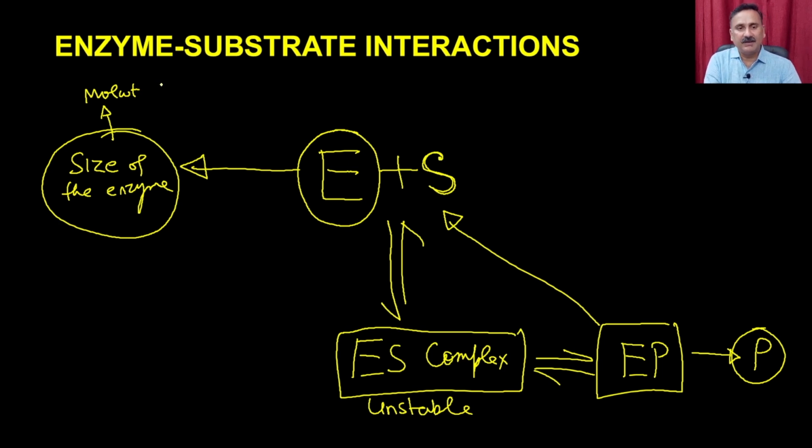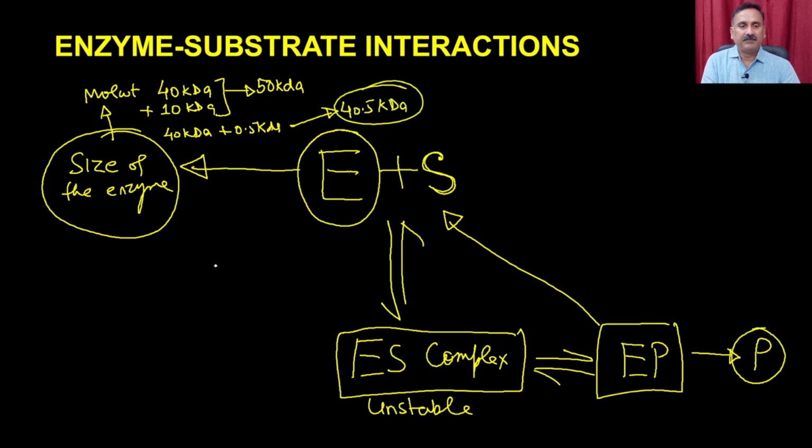For example, if an enzyme is 40 kDa and it is interacting with another proteinaceous substrate of, for example, 10 kDa, then when it forms the enzyme substrate complex, together it is going to be 50 kDa. Even for a small molecule, for example, if the enzyme is 40 kDa and it is interacting with a substrate of 0.5 kDa, the change may not be very high, but it is still going to change the enzyme molecular weight.